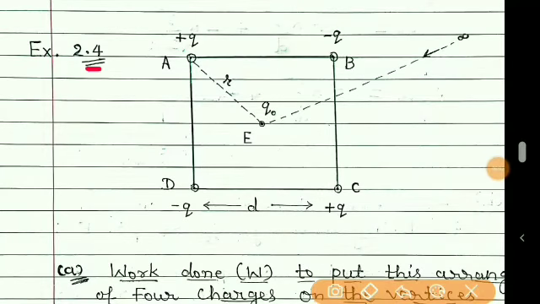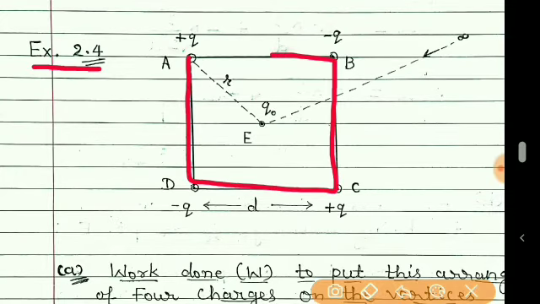Now example number 2.4. Here a square is given, and on the vertices of this square four charges are placed. So here we can say that it is a system of four charged particles.